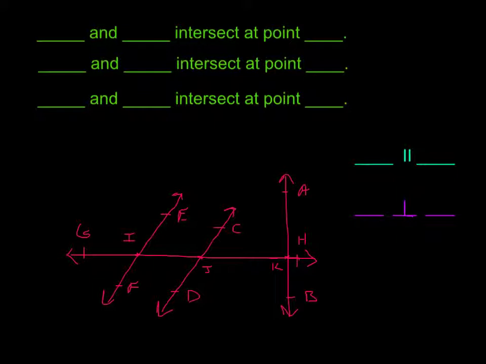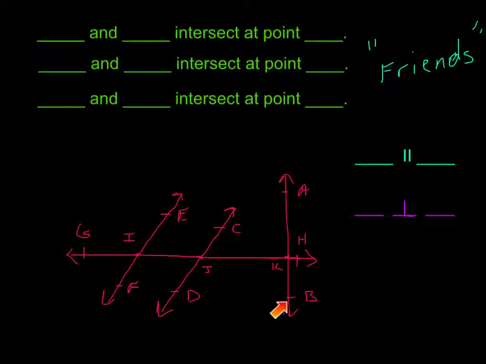Okay, so our first intersecting lines, I didn't cover this before, but I like to call these ones friends. Because our intersecting lines always touch. They're always together. They cross each other. And so, with that, I like to call them friends.